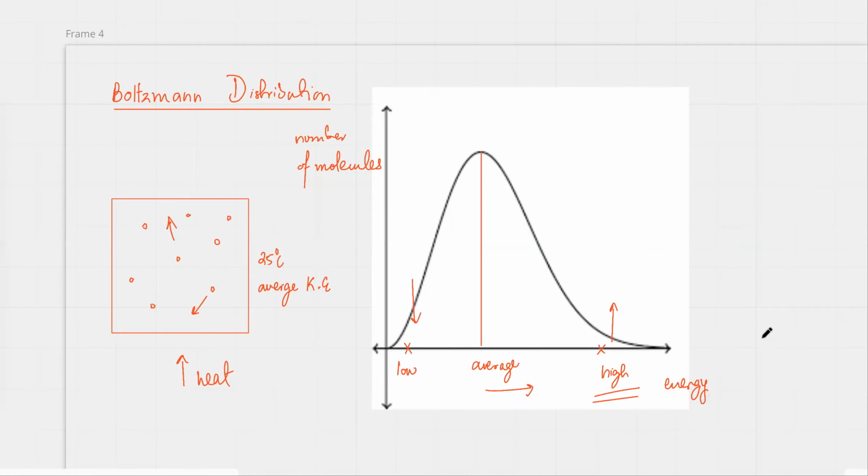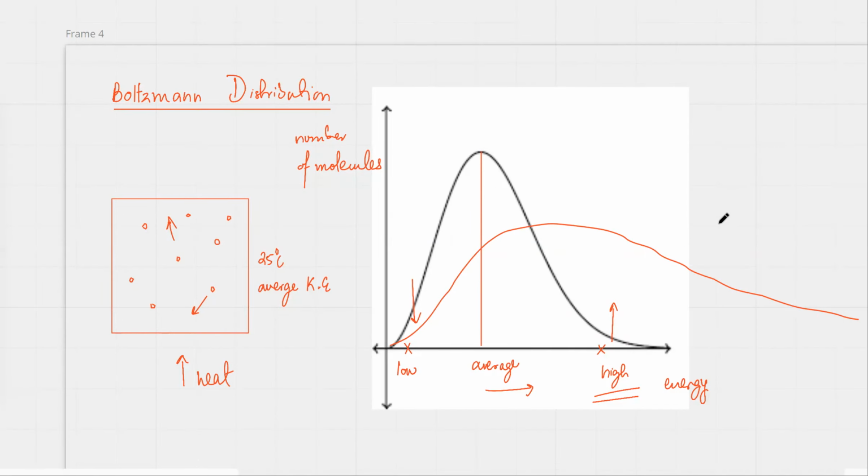So three things would happen. The graph would start rising up over here because you have more particles having high energy. Remember, the height of the graph is the number of molecules. So more particles having high energy, fewer particles having low energy, and the average energy would also shift to the right. So the graph is going to get skewed in this direction.